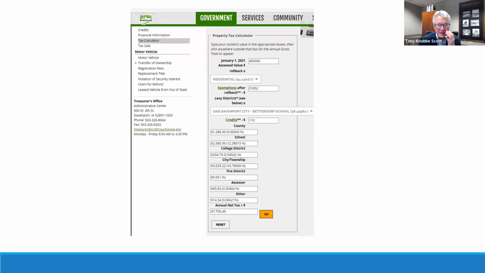The next drop down box is where you pick the city and school district that the property is in. The next box is where you could put credits. I just estimated homestead for this property and plug that in just for illustration purposes. And then it automatically calculates not only the individual taxing authority dollar amounts, but the total is at the bottom.